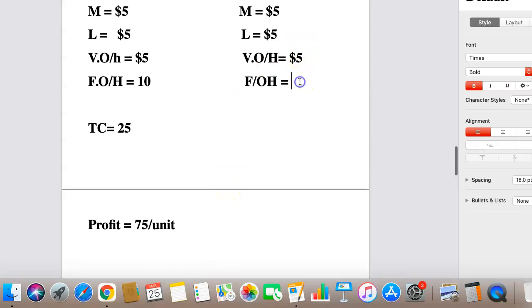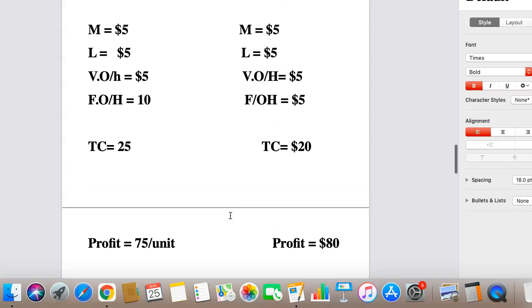So here we will put 5, which is more appropriate and more fair. Therefore, you can say that the total cost was 20. And the profit, if the selling price was 100 and the total cost was 20, the profit per unit is 80. Right? And this is what activity-based costing is trying to do.